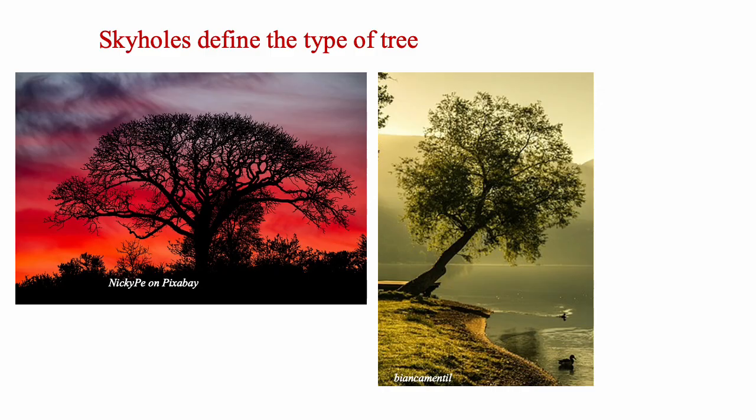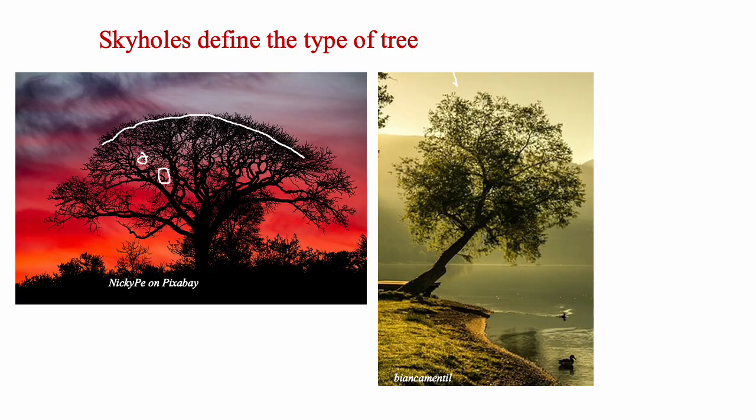We know that foliage defines the type of tree, and since foliage and sky holes are reciprocal, then sky holes must also define the type of tree. In this first tree, we can see that the holes get smaller as they get toward the periphery, and at the periphery there aren't very many sky holes.